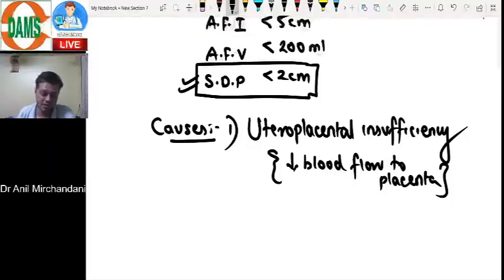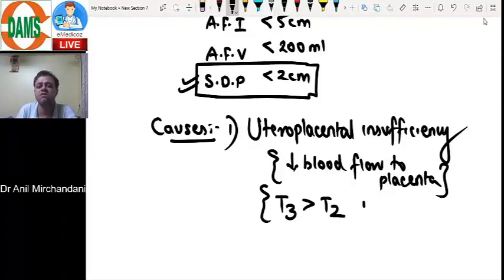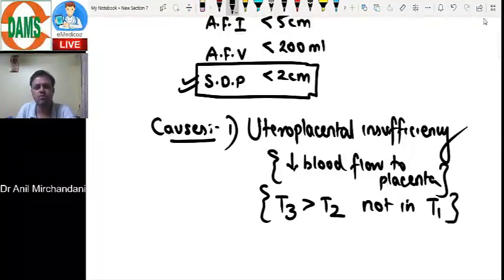That's why there will be oligohydramnios. This condition is seen in the 3rd trimester more than the 2nd trimester, not in the 1st trimester. Uteroplacental insufficiency is a property of the later half of pregnancy. Uteroplacental insufficiency is the pathophysiology, but the cause of this uteroplacental insufficiency is idiopathic.